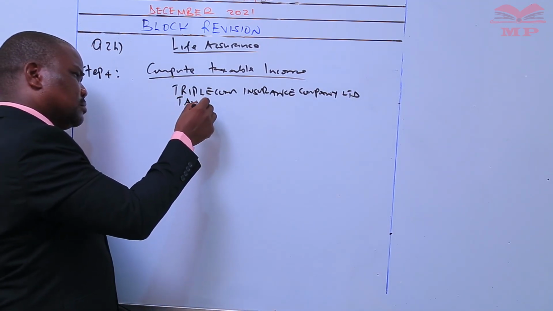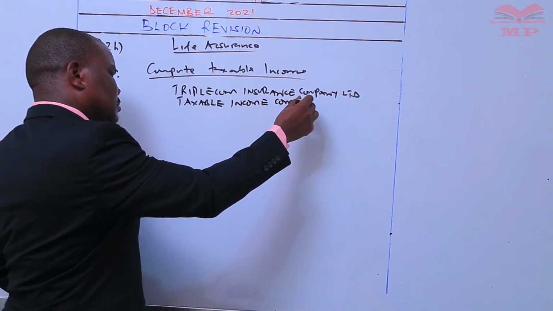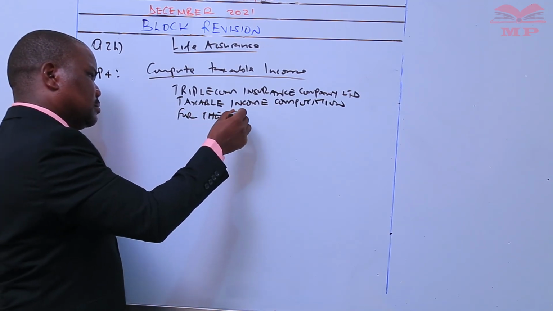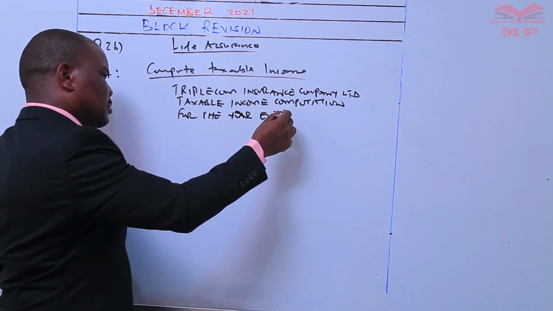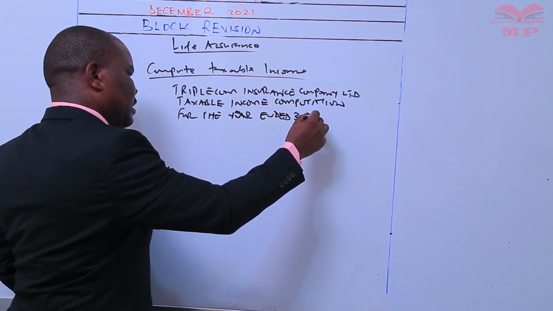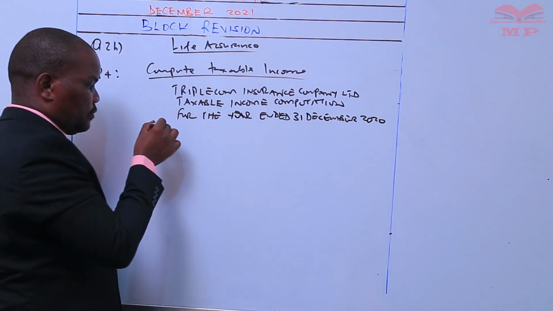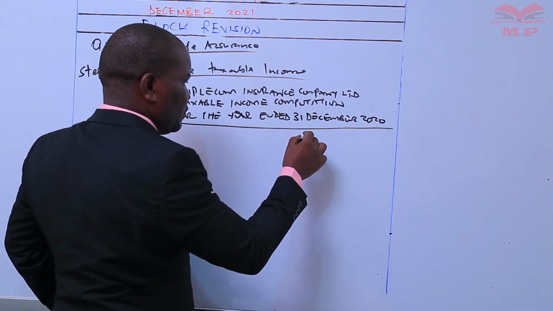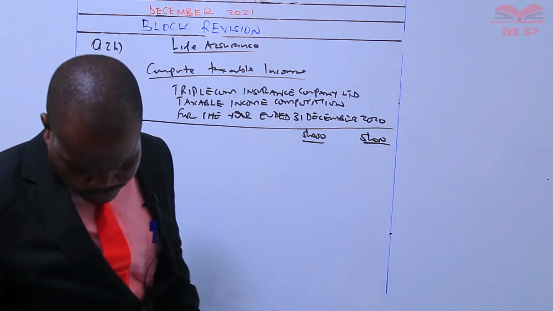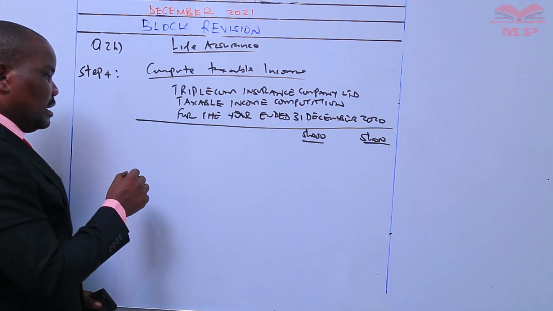Taxable income computation for the year ended 31st December 2020. So we start with amount transferred to the life fund. That is at the end of the year.